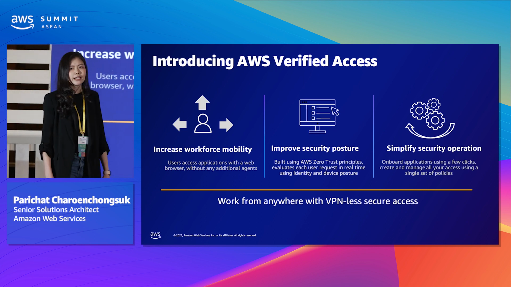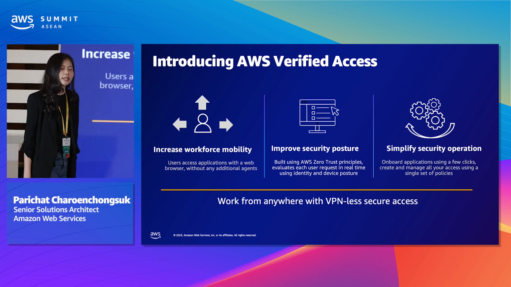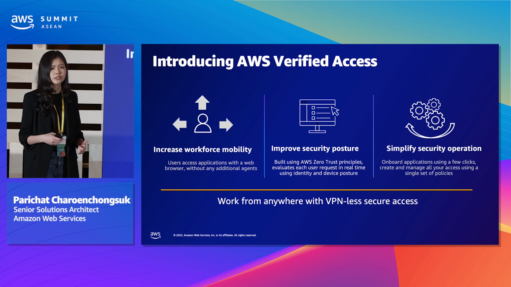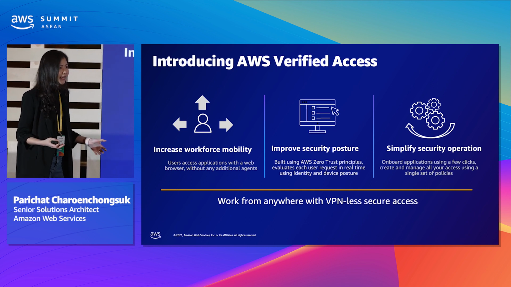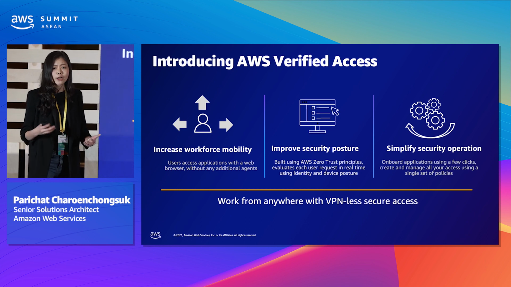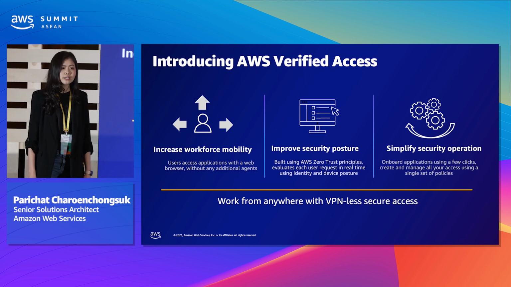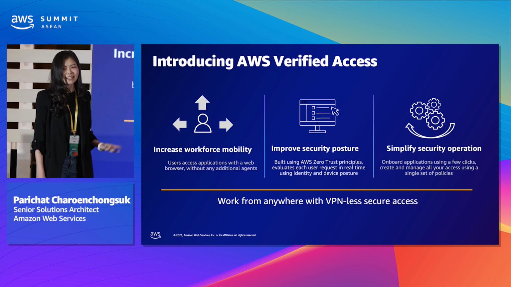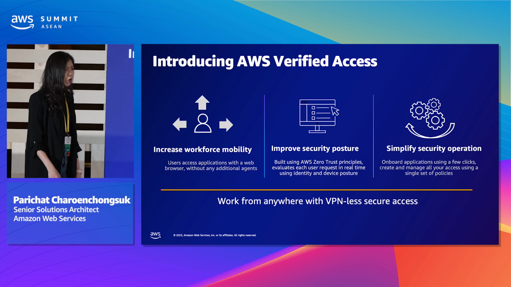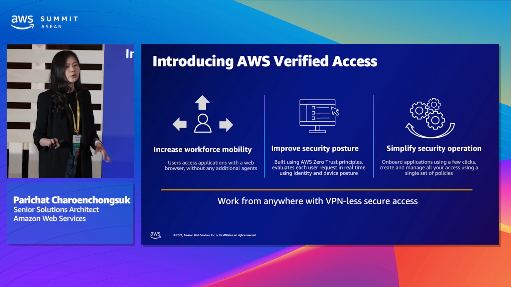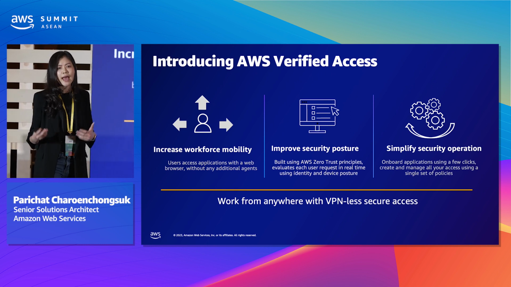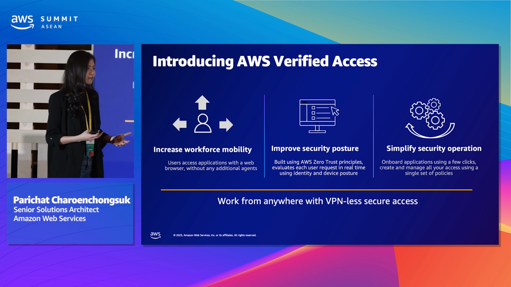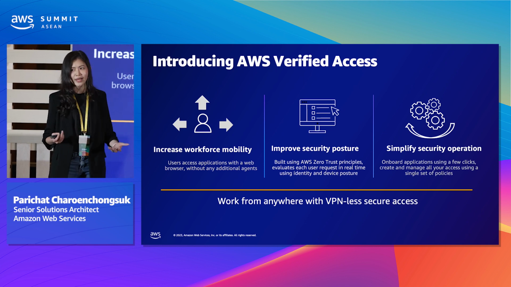Since it's based on AWS Zero Trust principles, it gives security teams a better security posture. And you can define access for each application using real-time contextual signals in a single place. So with a few clicks, you can make policy changes and add new applications, and it happens within a few minutes, no longer needing days or weeks.